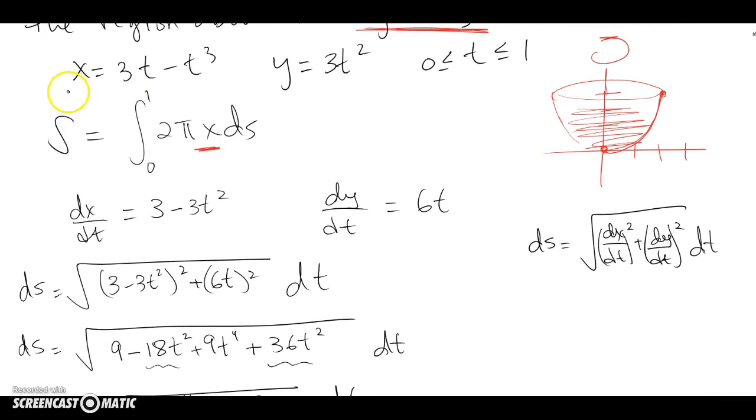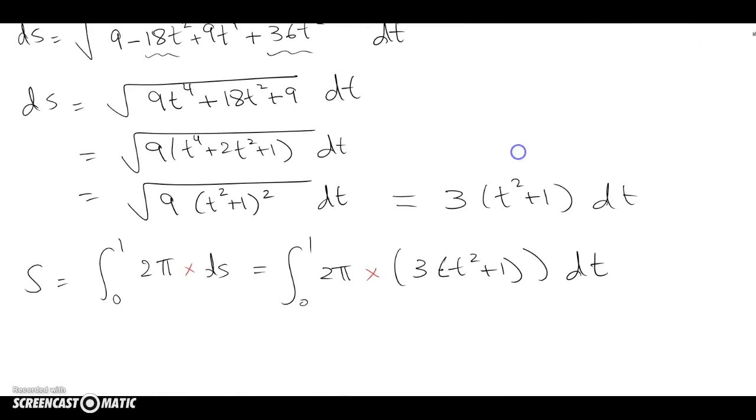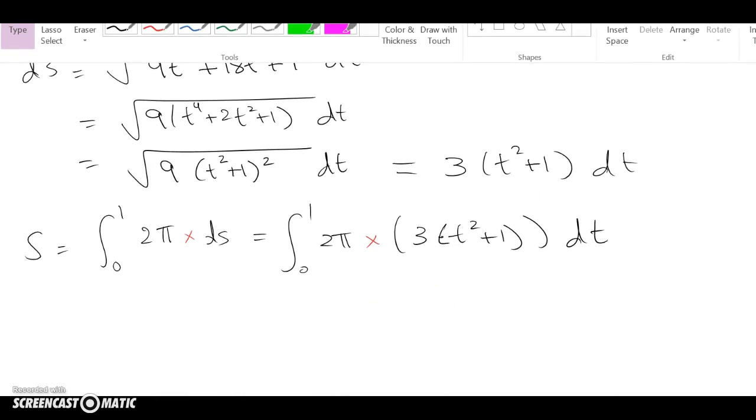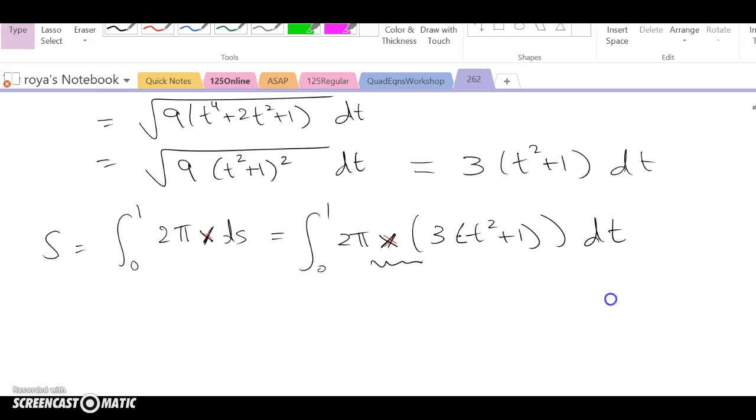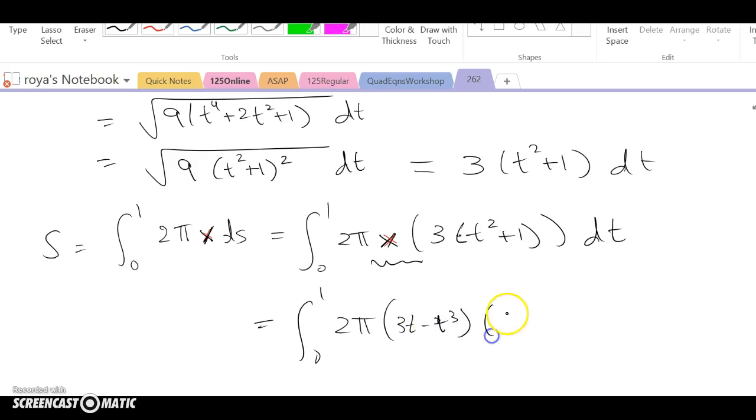X in this case was 3t minus t cubed. So we put in the 3t minus t cubed for this guy. And then we got some simplifying to do, it looks like.